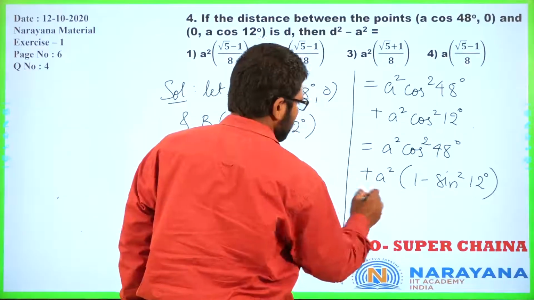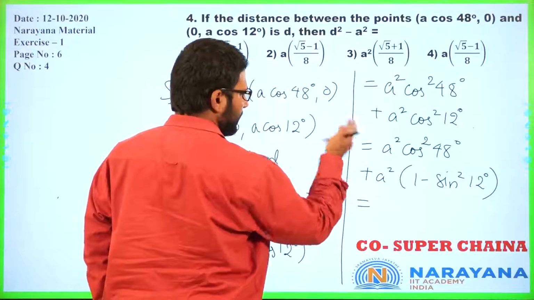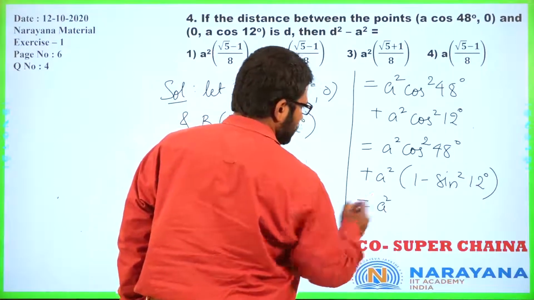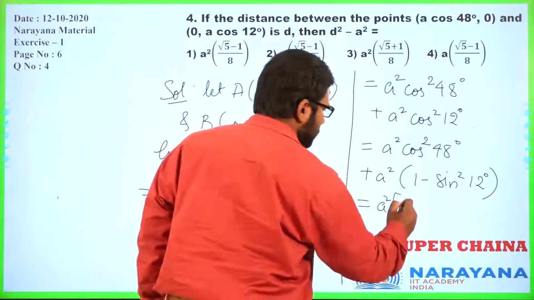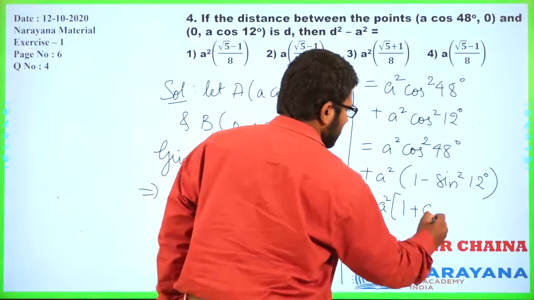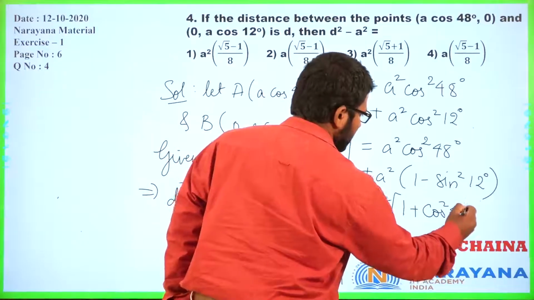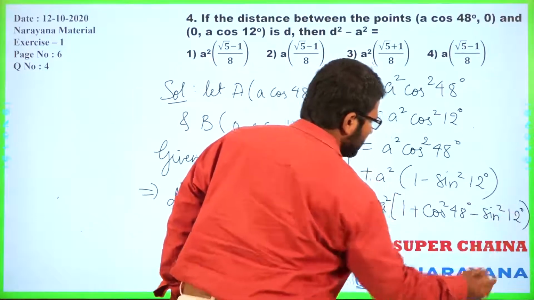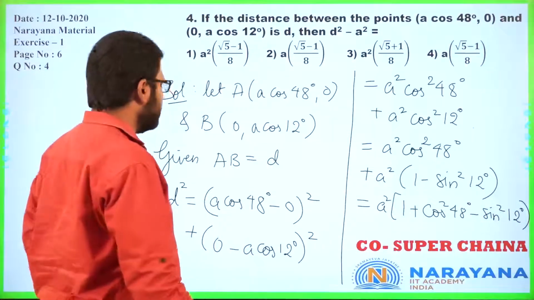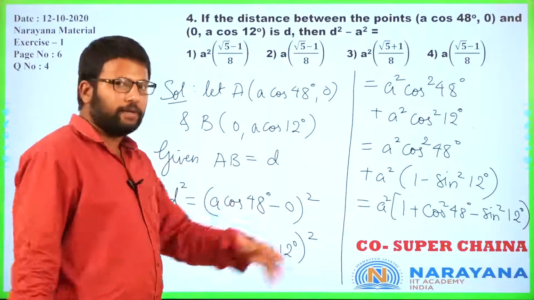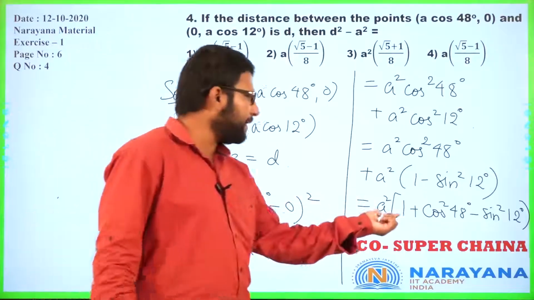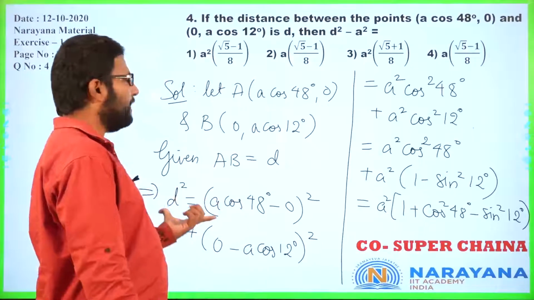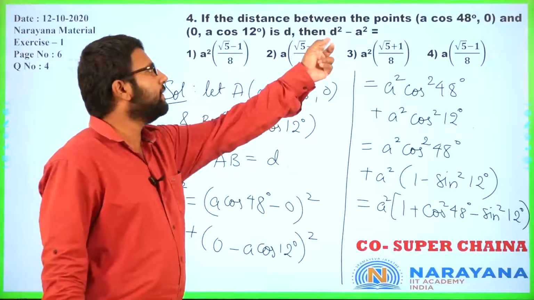So you take this A square is a constant, you take it outside. A square into 1 plus cos square 48 degrees minus sin square 12 degrees, right? And you see this entire thing is D square, which means if I take the A square to the left hand side, I will have D square minus A square, right?